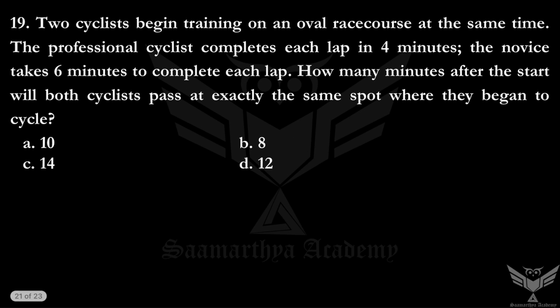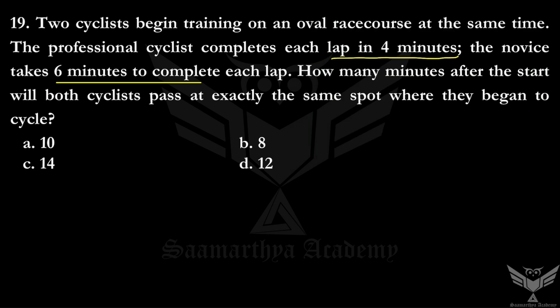The next question. Two cyclists begin training in an oval race course. At the same time, the professional cyclists complete each lap in 4 minutes and the other guy in 6 minutes. At what time they'll meet in the starting point?